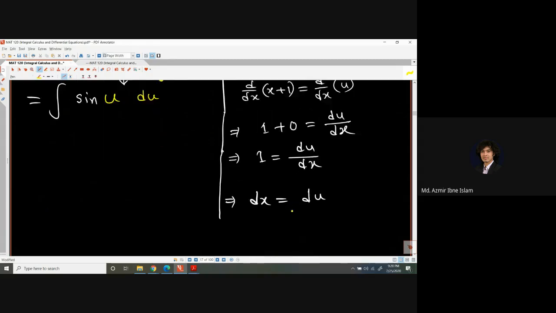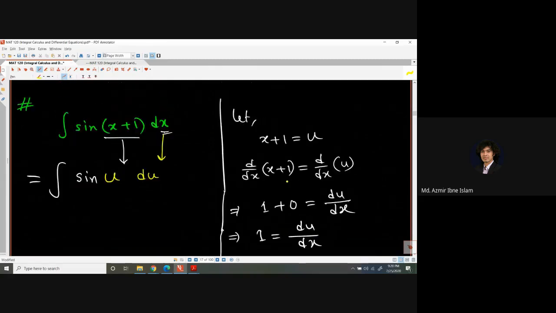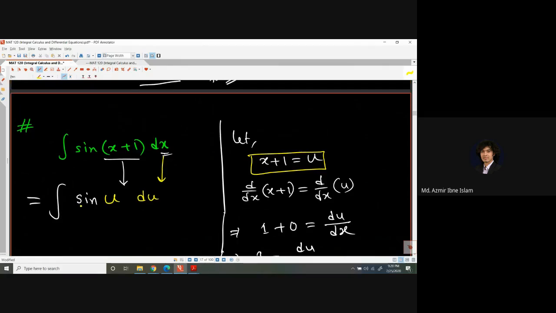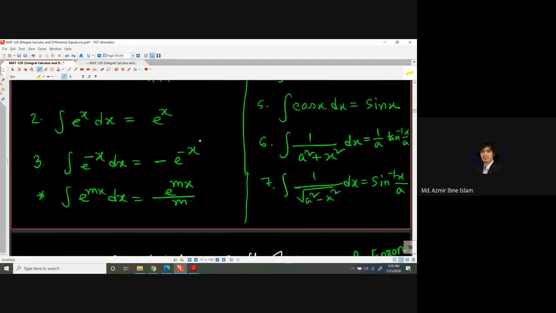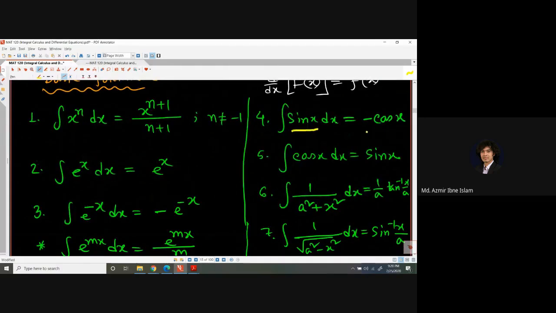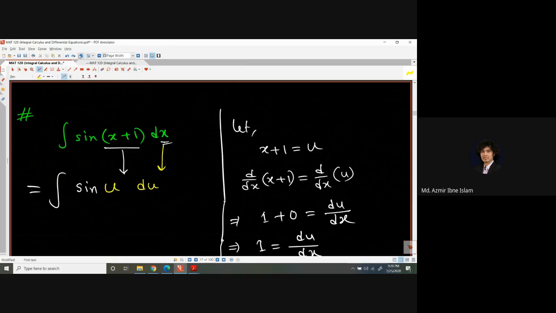So now we have the integration of sine u du, which goes with one of the basic formulas, that the integration of sine x is equal to negative cosine x. So obviously the integration of sine u will be negative cosine u.